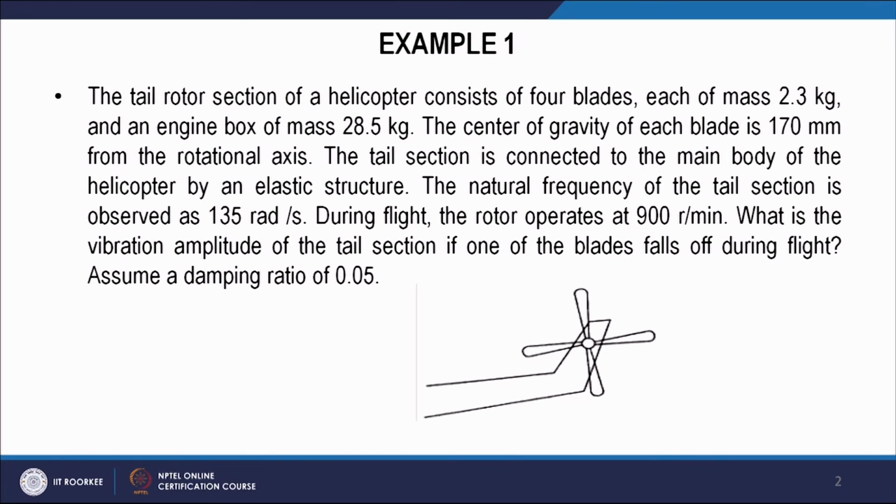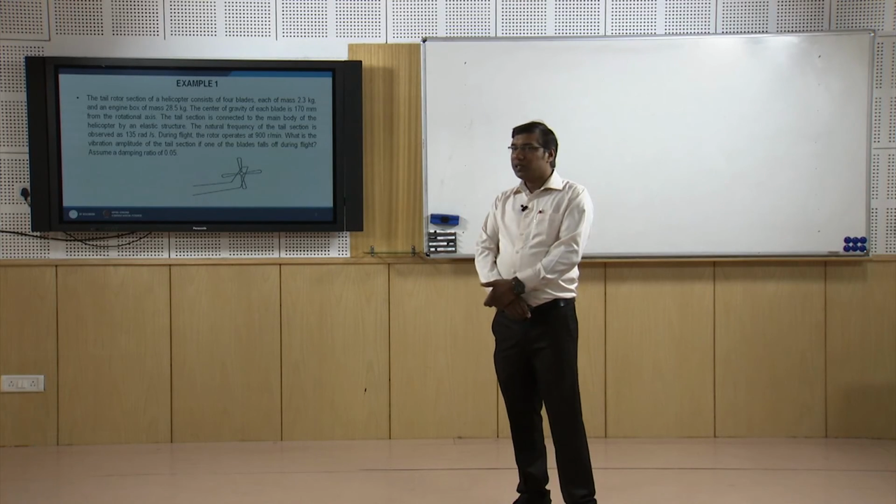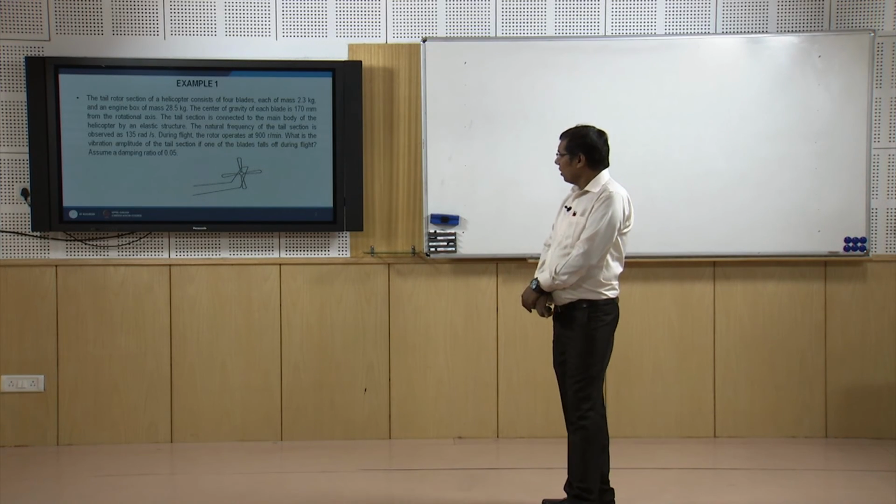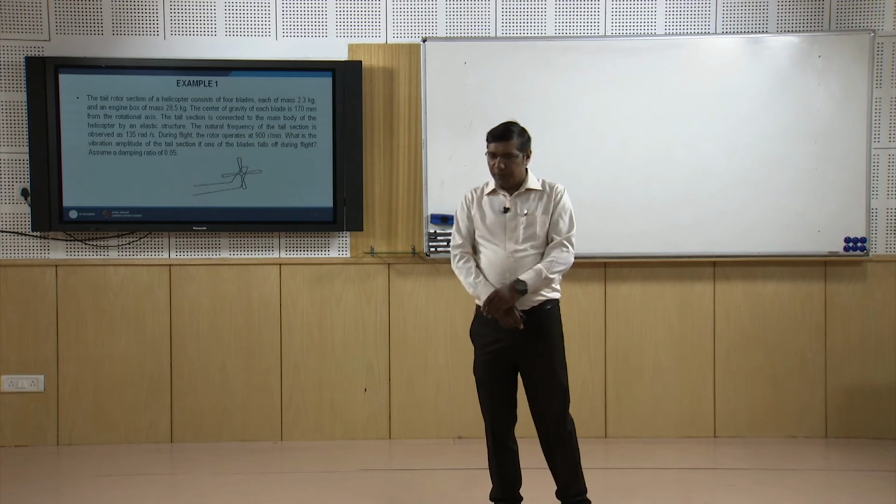During the flight the rotor operates at 900 rpm. Then what is the vibration amplitude of the tail section if one of the blades falls off during flight? So when the rotor is operating at 900 rpm, one of the blades falls, and it is asked what will be the vibration amplitude when there are only three blades. Assume a damping ratio of 0.05.